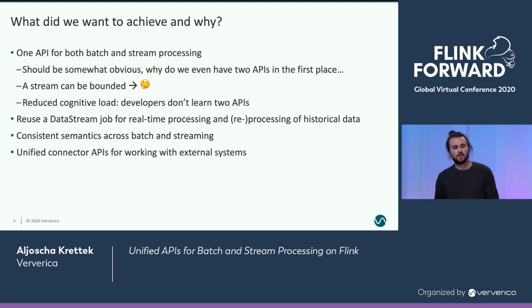And as a last thing that maybe users of Flink don't consider that much, but it's important, we want a unified API for connectors, so things that connect to external systems such as S3 or Pulsar or Kafka, say. If we have one API and connectors that work well with that API for both batch and stream processing, we make it a lot simpler to use the external system that you want.